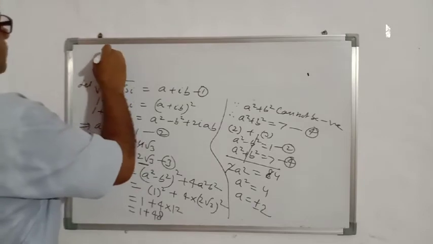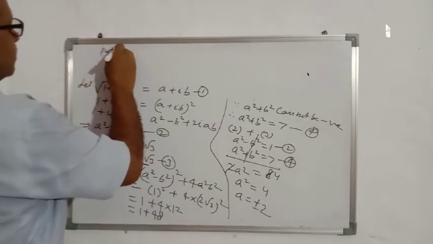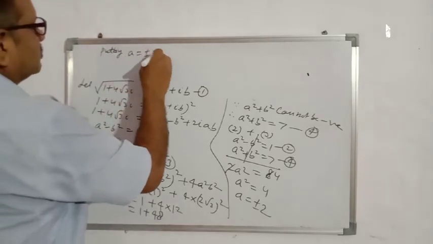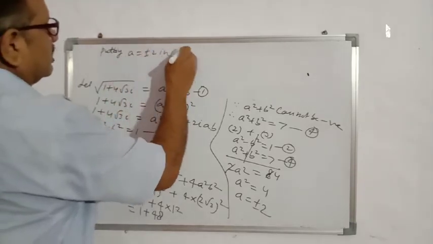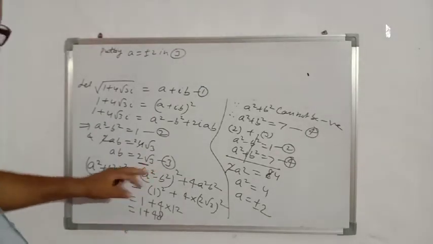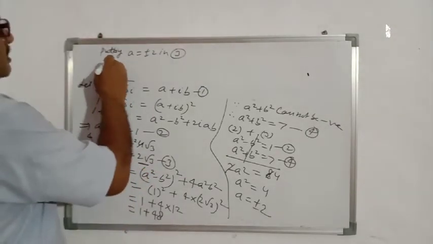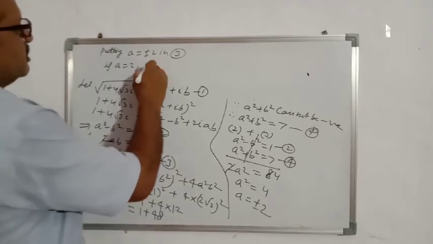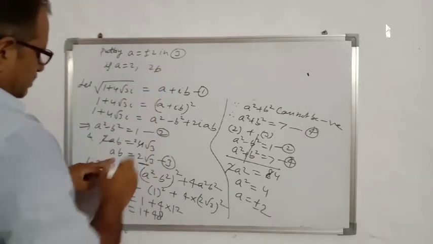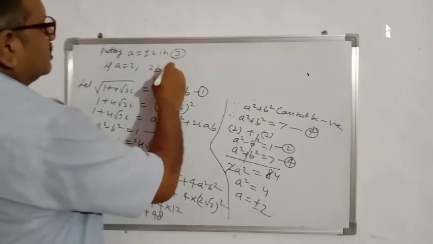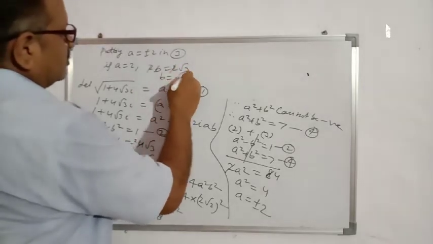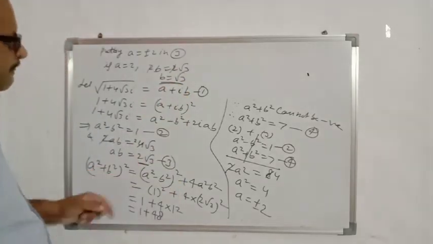If a is equal to 2, then 2b is equal to 2 root 3, the 2 cancels, so b is equal to root 3.